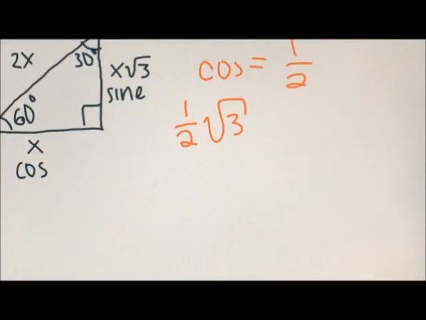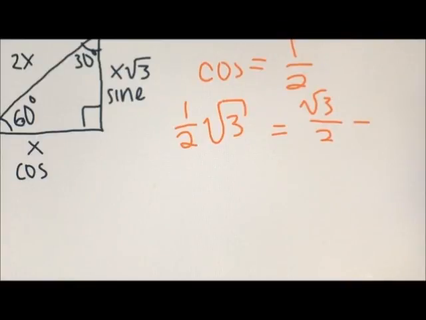Because 1/2 is a fraction, we can multiply that by the square root of 3, giving us the square root of 3 over 2, which equals sine. So our final answer will look like this: 1/2 and the square root of 3 over 2.